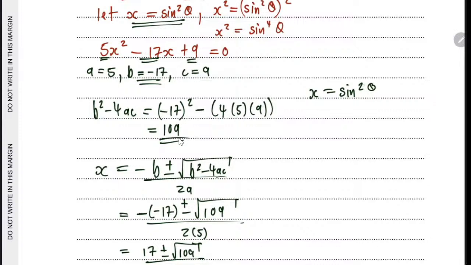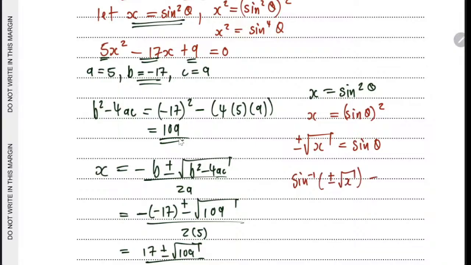Remember, sine squared theta is actually x is equal to sine theta all squared, but we just write it this way in trig. You get it? So now we can take the square to the other side. It will be plus or minus root of x is the sine theta. Okay? And what we actually want is theta. So you say sine inverse of the plus or minus root of x is your theta.